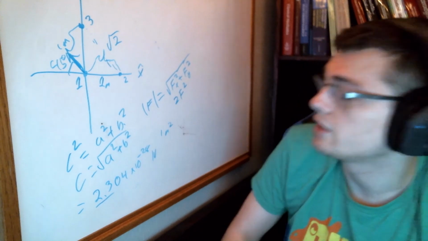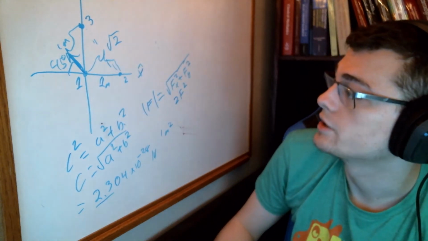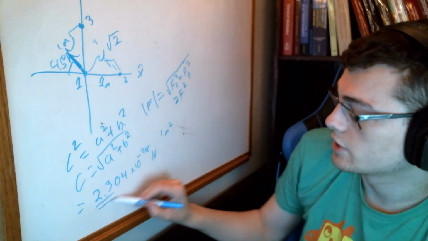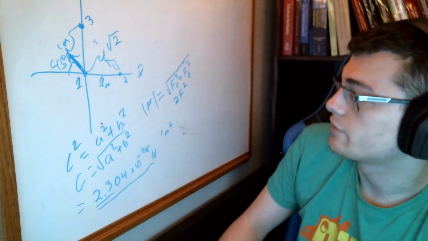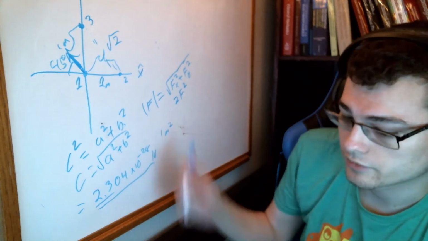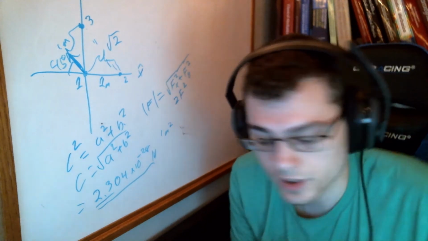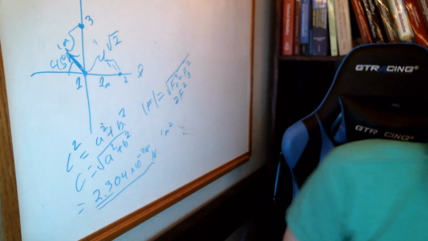So go ahead and find this resulting force vector here. We've already drawn it out, and I've already given you what f of x and f of y are. You just need to find the resulting force using the Pythagorean theorem. That should be easy enough for you guys to do.